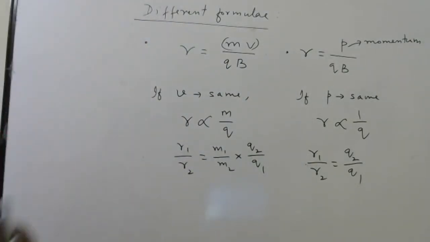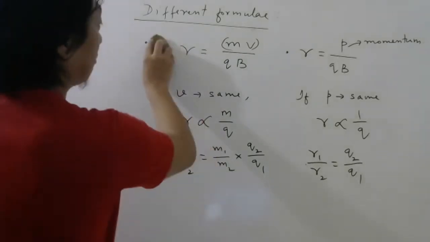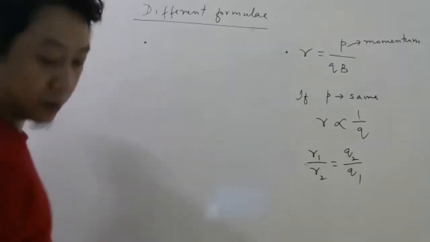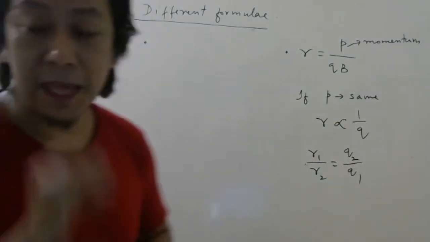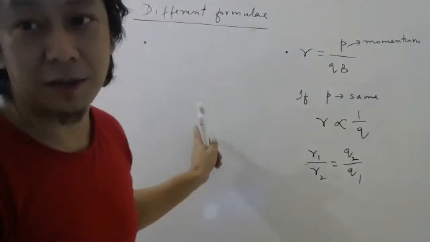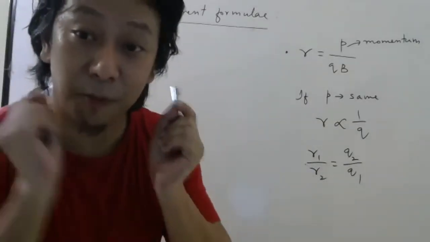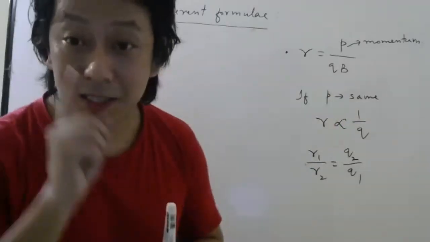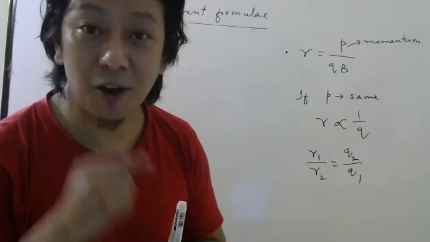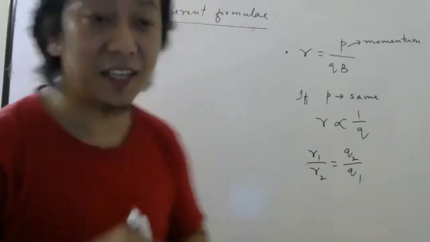Okay, one more formula I want to give you for radius. Last formula. Sometimes they may say the particles are moving with the same speed, then use this concept. They may say they are moving with the same momentum, then use this concept. Sometimes they will say they are moving with the same kinetic energy. Then you have to write the radius in terms of kinetic energy.